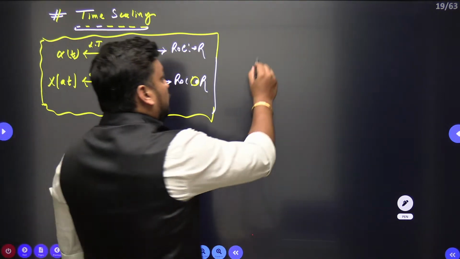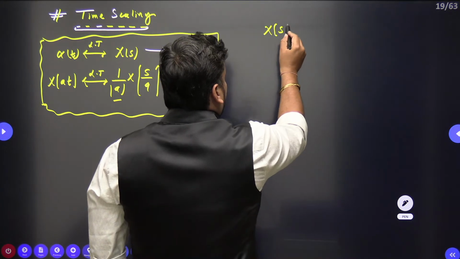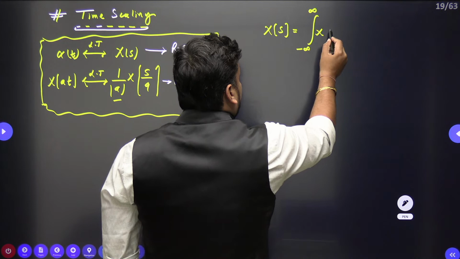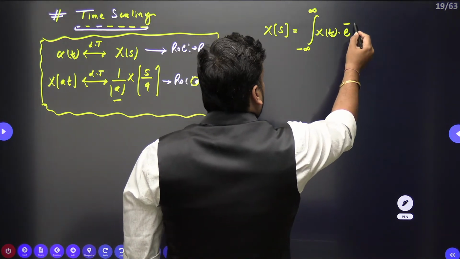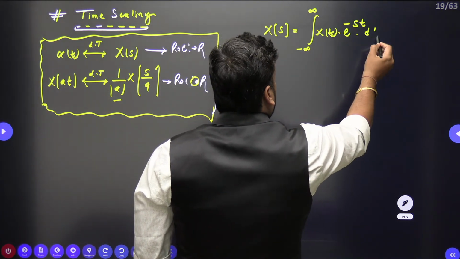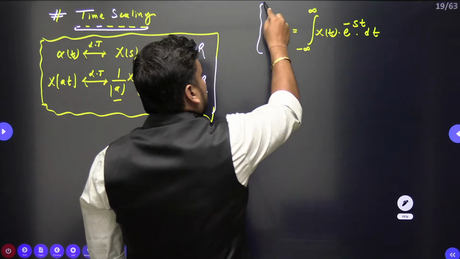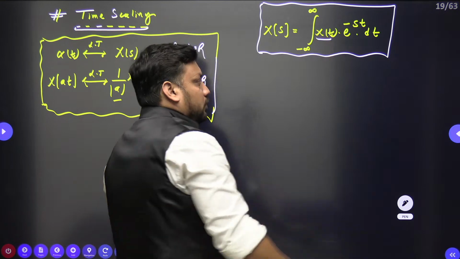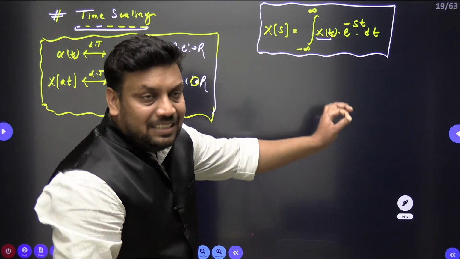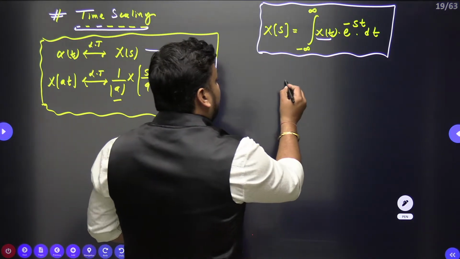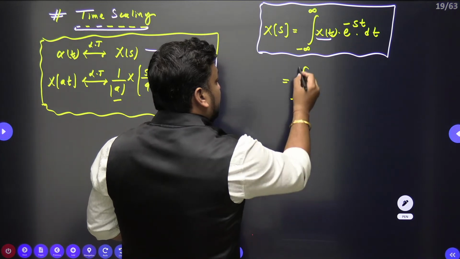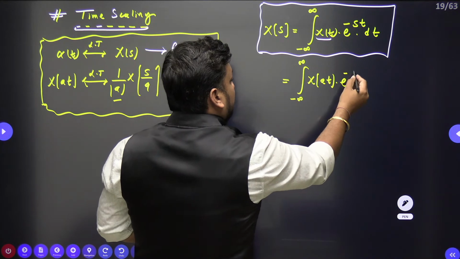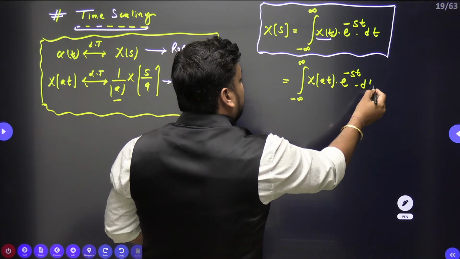How can we relate the property? If you know the simple Laplace transform formula, you can just write the formula. Integral from minus infinity to infinity x(t) e to the power minus st dt. This is my simplest Laplace transform formula. In this formula, if I replace x(t) with x(at), then I get integral from minus infinity to infinity x(at) e to the power minus st dt.